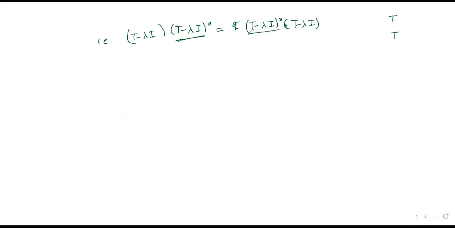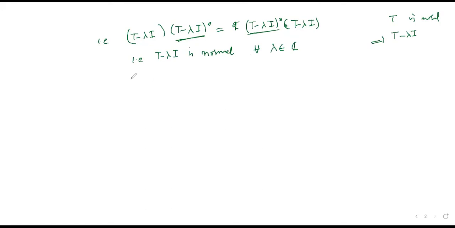So अगर T normal है, हमने प्रूव किया T अगर normal है तो T minus lambda I भी normal है, for all lambda belonging to C.